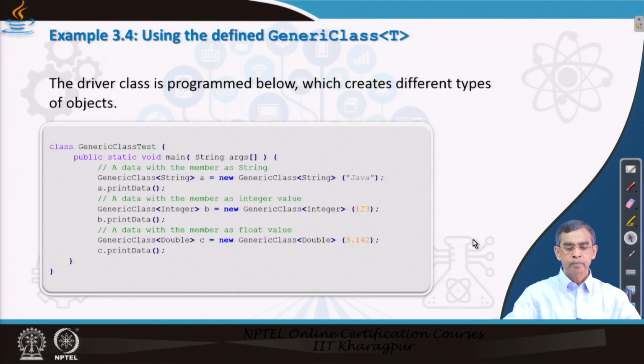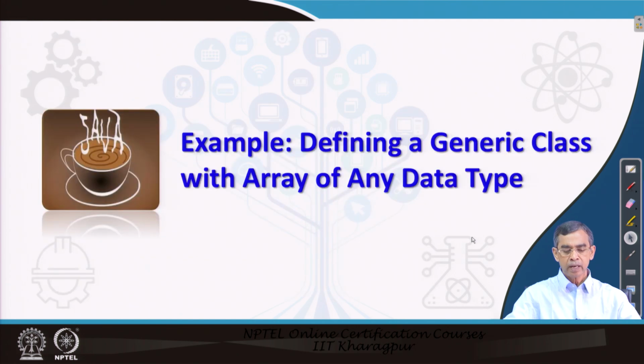So, this example gives you a simple idea about how a simple generic class can be declared and utilized. Now, let us extend this idea a little bit in a deeper sense: how we can define a generic class with an array, where the array can store any data type.